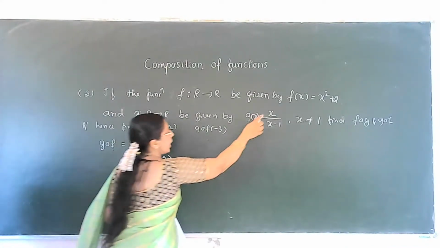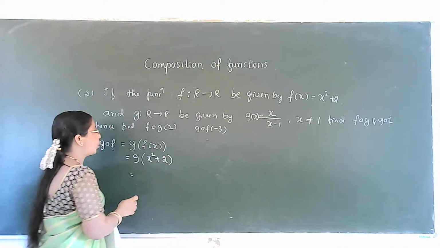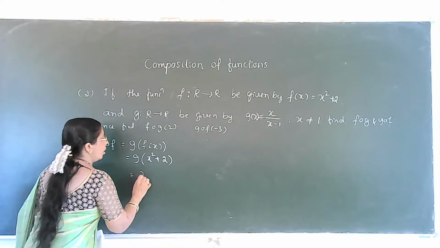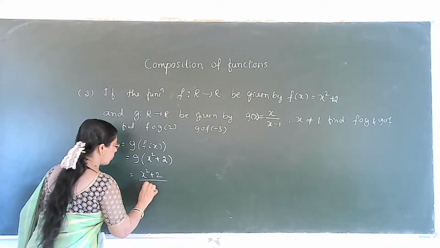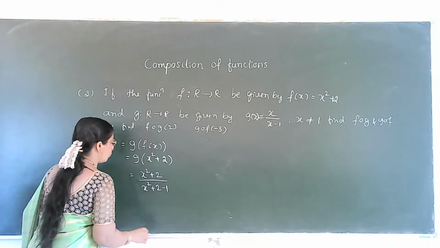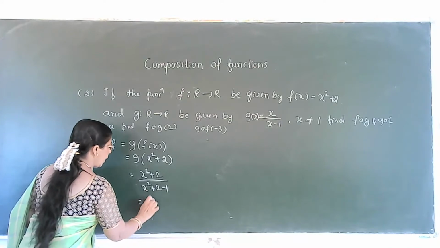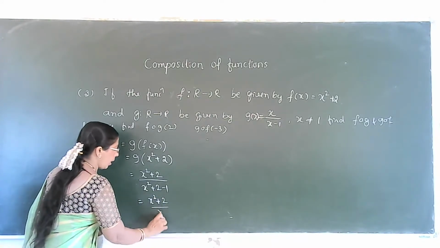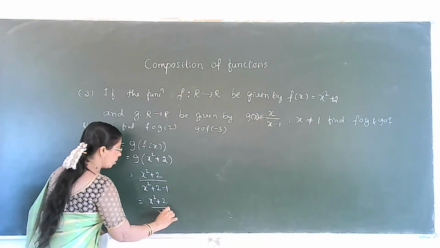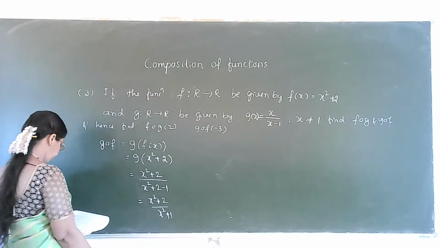We replace x by x square plus 2: x square plus 2 divided by x square plus 2 minus 1, which is equal to x square plus 2 divided by x square plus 1.